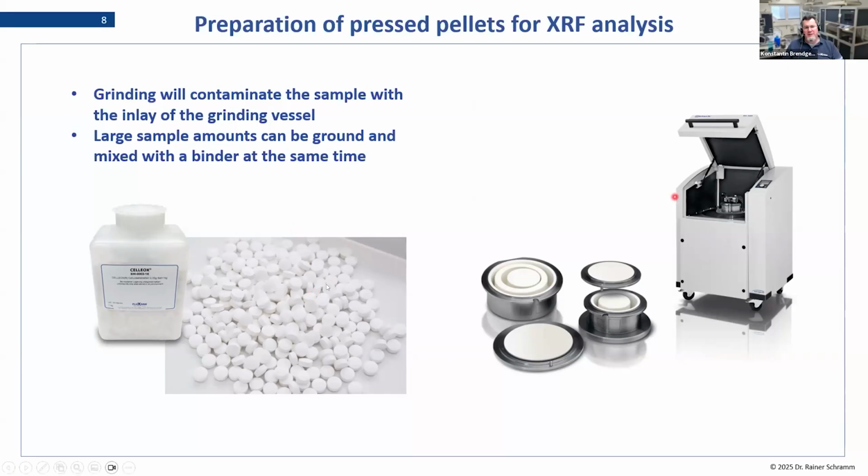One thing to keep in mind is that if you're grinding the sample, you will always contaminate your sample material with the inlay of your grinding vessel. In this case, the picture here is zirconium oxide, you can see from the color, but there is also tungsten carbide, for example. Depending on what the critical analytes are for your sample material, you want to make sure to use the right inlay, and just be aware that there is a bit of contamination from the vessel when you're looking at the results.